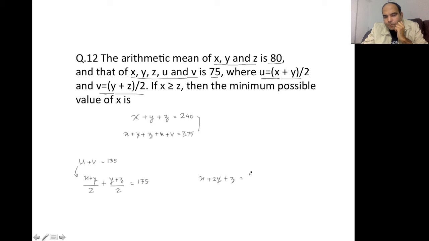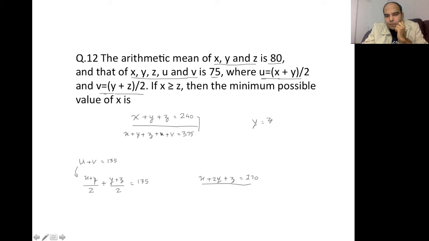And if I compare this equation with the first one, I would immediately get an outcome that the value of y is 30. The value of y is 30.